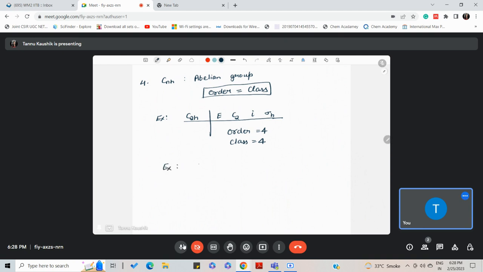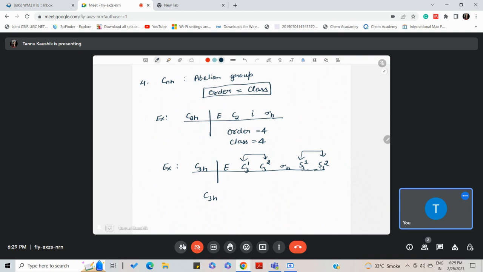If we take another example, the C3h point group, we write the symmetry operations in it: C3^1, C3^2, sigma h, and here it will have S3 also, and S3^2. So these two will be in the same class, and these two will be in the same class.